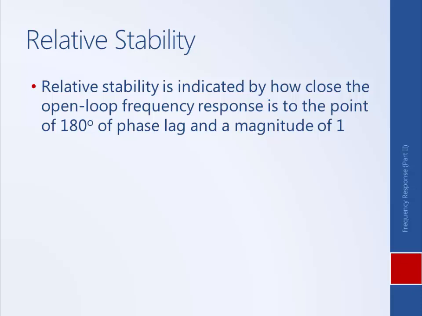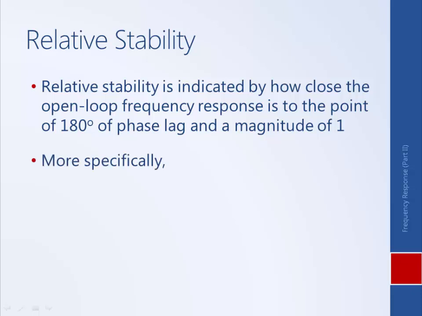In the case of doing a frequency response analysis, we want to know how far away is the open loop frequency response from the point that we have 180 degrees of phase lag and a magnitude of 1. So how far away are we from the point at which we get out of phase and then we amplify that constructive interference?